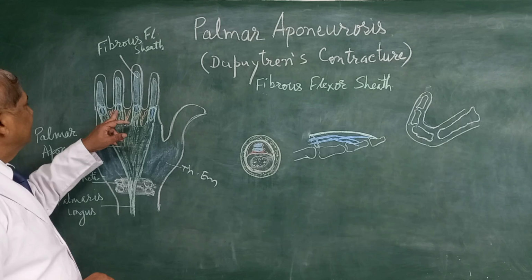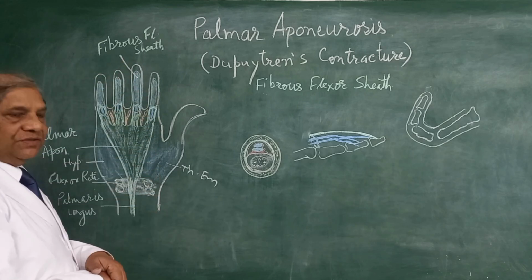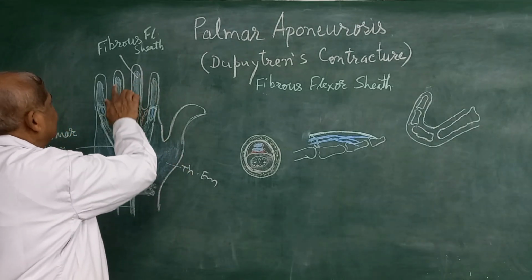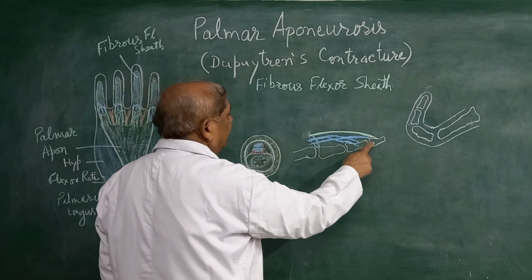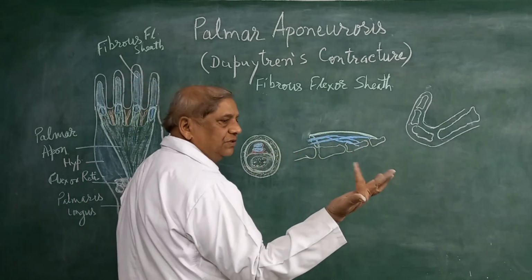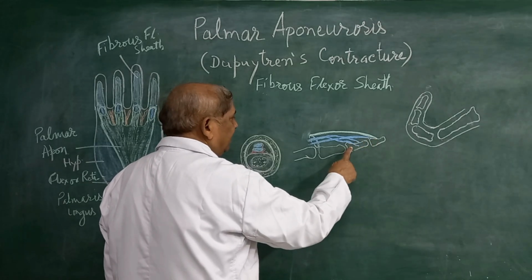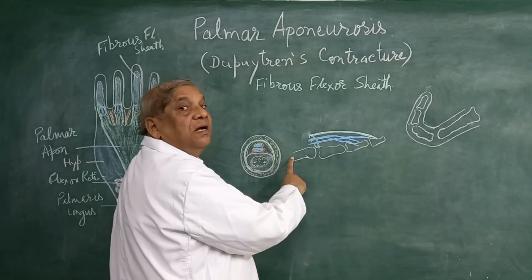Now deep to this, let us go inside the tunnel of the fibrous flexor sheath. I will show you how this fibrous flexor sheath is attached. This is the deep fascia in front of the fingers. You see the distal phalanx, the middle phalanx, the proximal phalanx, and this is the head of the metacarpal.